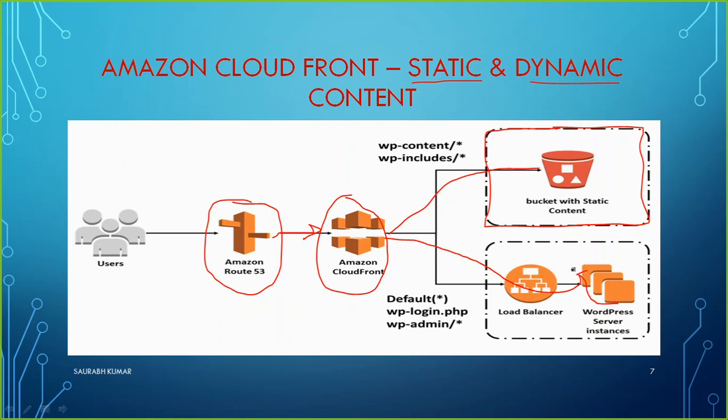Any content which is quickly changing, dynamic data, like somebody trying to log in or somebody trying to make changes on the site, will happen as the dynamic part. If somebody is accessing a resource which has been stored on the site for a long period of time, that will be stored in the S3 bucket, and that bucket can easily be cached on CloudFront.